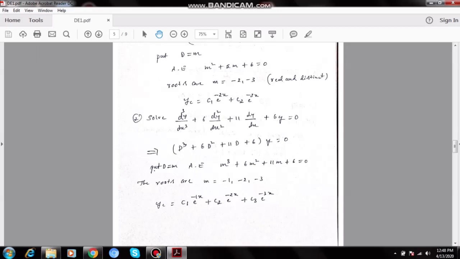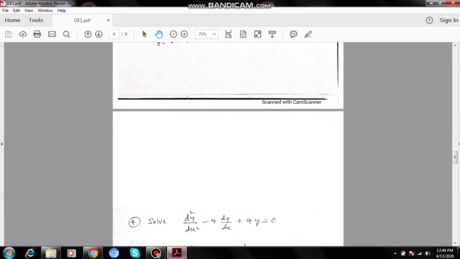Therefore the roots are minus 1, minus 2, minus 3. All three roots are real numbers and they are not equal, so their nature will be real and distinct. Therefore the complementary function will be c1 e to the power of minus 1x plus c2 e to the power of minus 2x plus c3 e to the power of minus 3x.